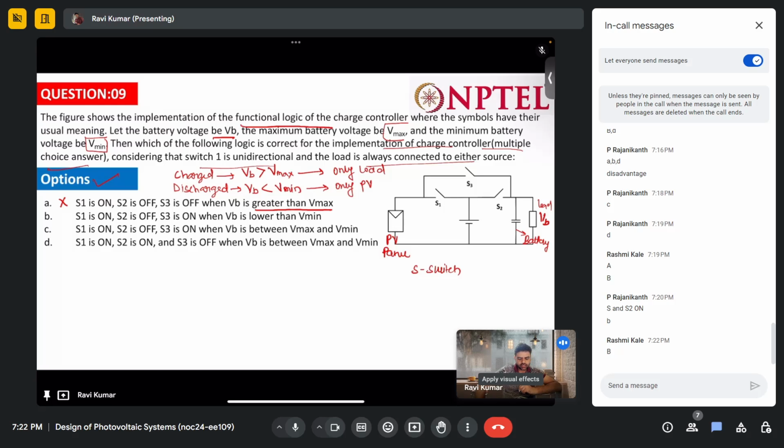Rasmi is saying B. Let's check this B as well. B is saying S1 is on. B is saying VB is lower than the V minimum. It means it is fully discharged.